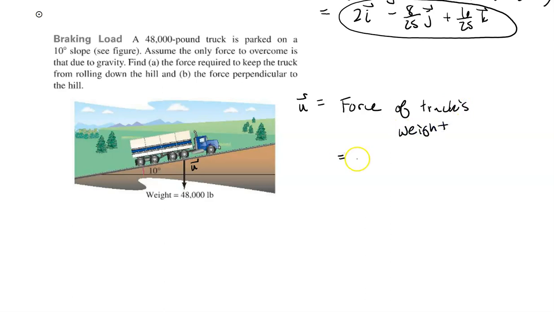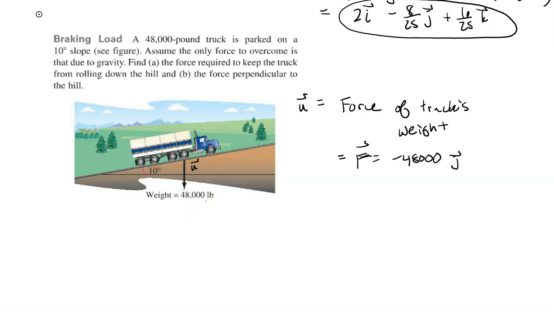And that's going to be equal to some F, which we'll call F, and that's going to be minus 48,000 j, because the weight of the truck is a function of gravity, and that's looking straight down.